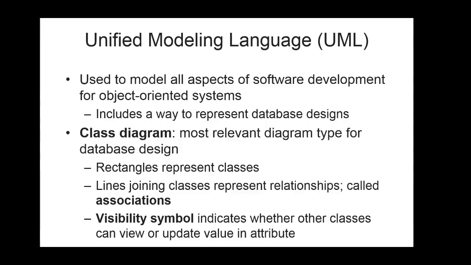The next thing that we will discuss is called Unified Modeling Language, or UML. UML is an approach that we can use to model the various aspects of software development or our object-oriented systems. UML includes a way to represent database design. So in UML, we have something called a class diagram.